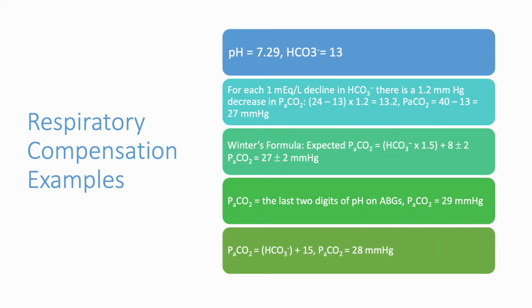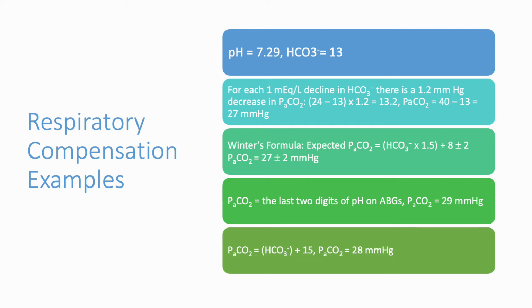Let's give an example. We have a patient with metabolic acidosis, pH is 7.29 and bicarbonate 13. First method, for each 1 decline in bicarbonate, there's a 1.2 decline in PaCO2. So normal bicarbonate, we said 24, minus 13, which is the actual value. Here we have a decline of 11.